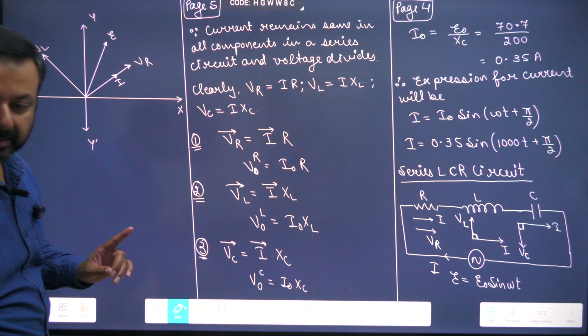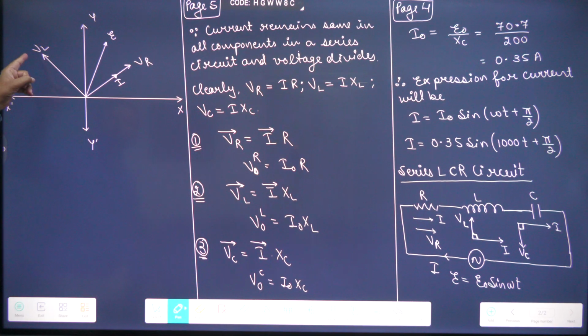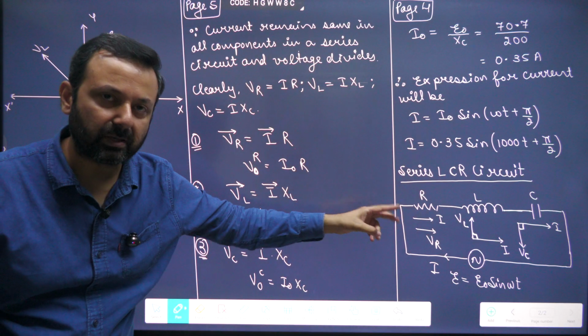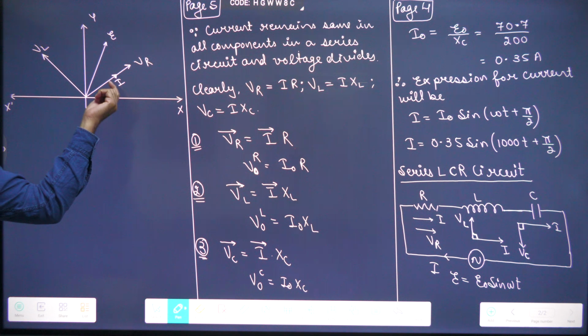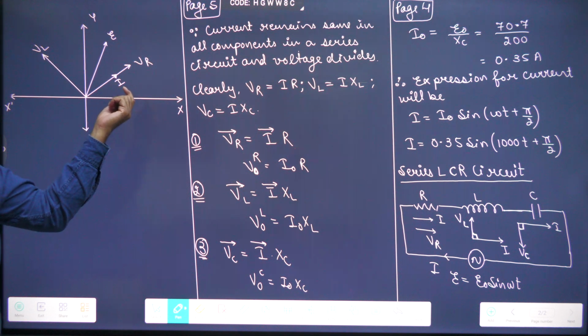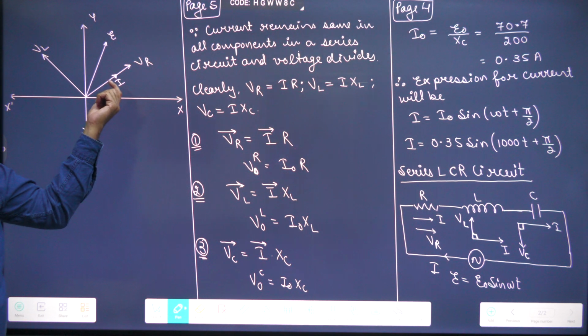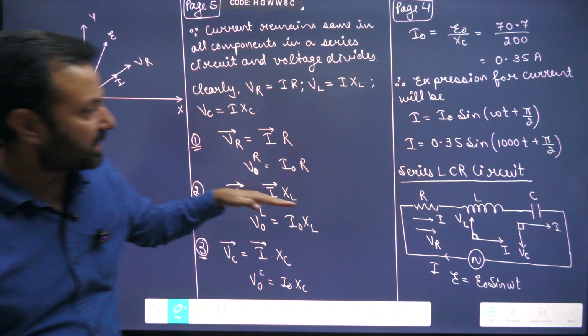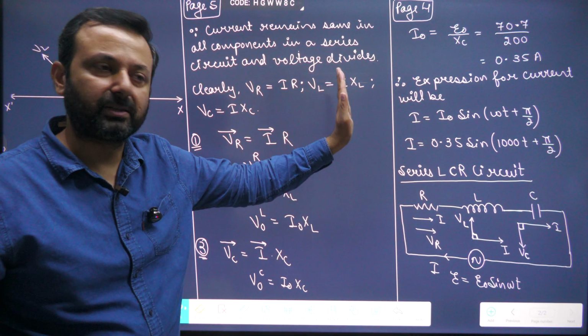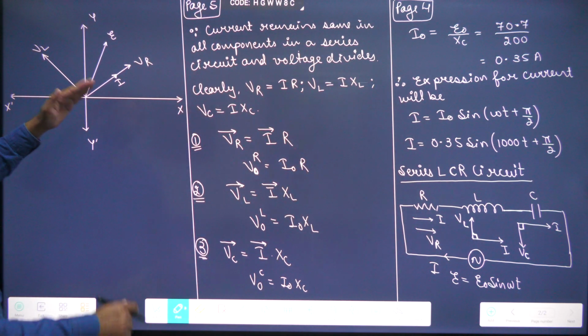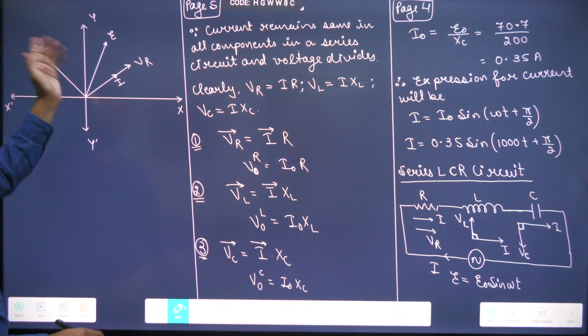Okay. Is that clear to you, Anusha? Why I have taken VL here and VR here? VR I can take anywhere. VR is here and VR and I, they both are in the same phase with each other. That's why I have taken I a little bit less than VR. Current is always less than the voltage. And VR is in this horizontal direction and VL is in vertical direction like this, positive vertical direction. So VL is 90 degree more than VR. Is this clear to you?